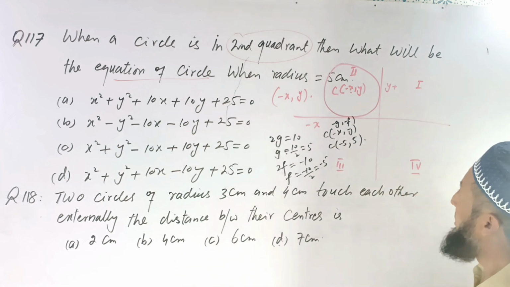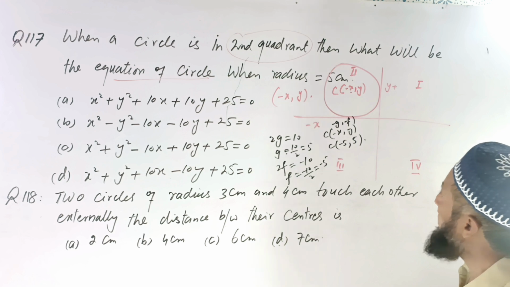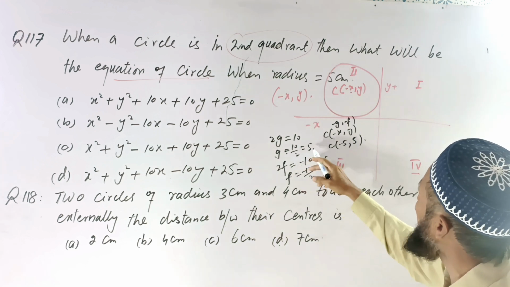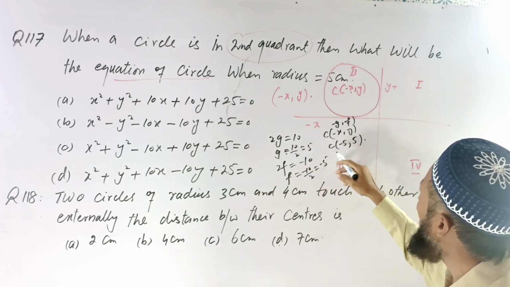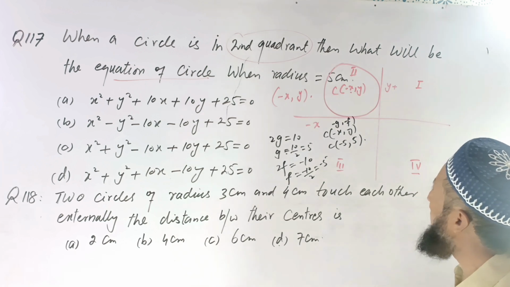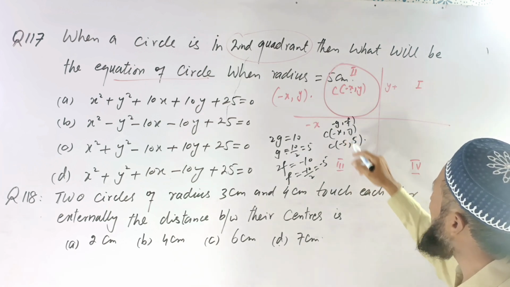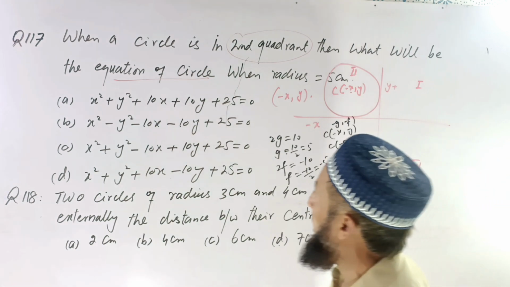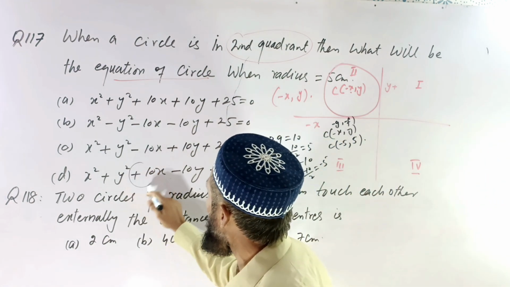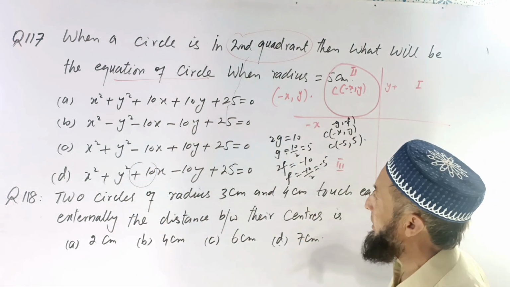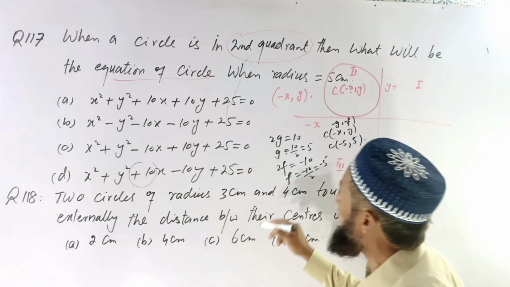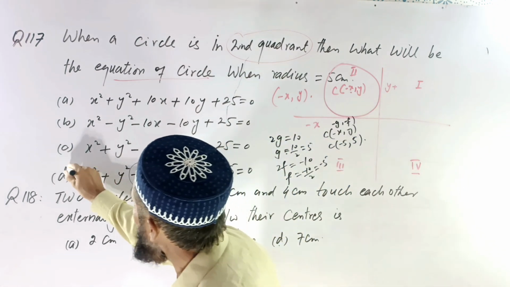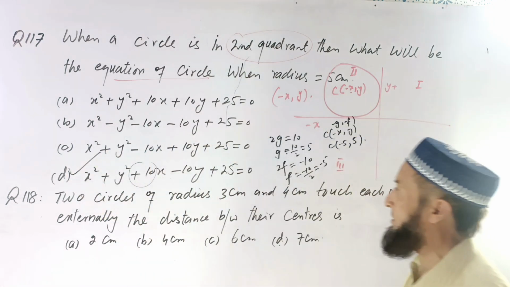Putting these in, minus and minus cancel, and we get g is equal to 10 and f is equal to minus 10. So option D is the correct option.